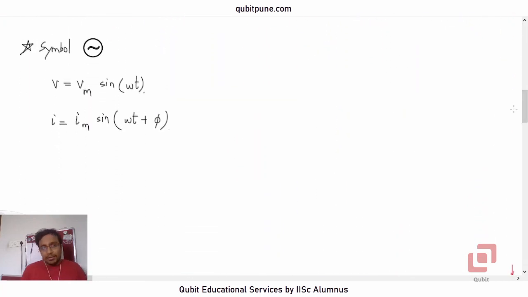The symbol for alternating current or AC voltage is this one. This is actually a sine curve. When you enclose it in a circle, that is the symbol for an AC voltage source.